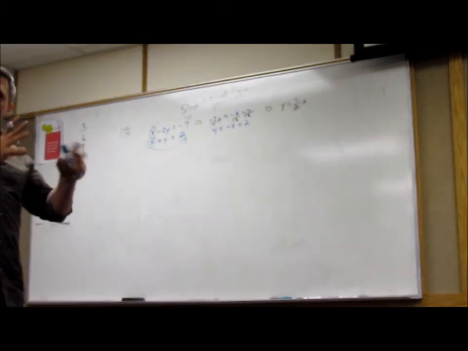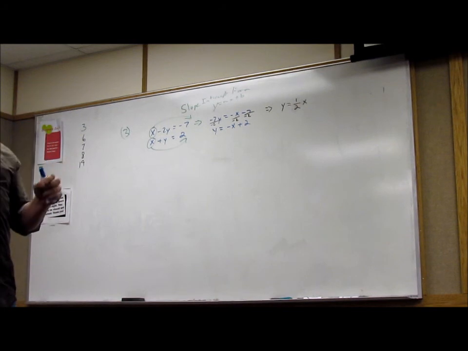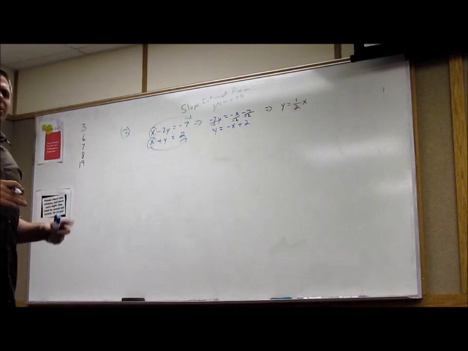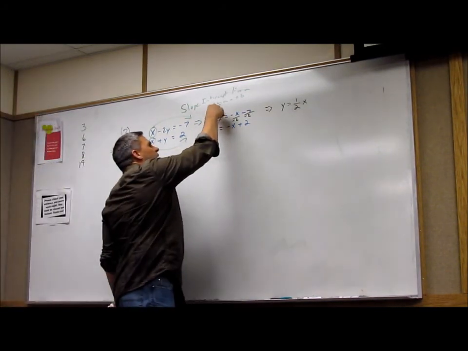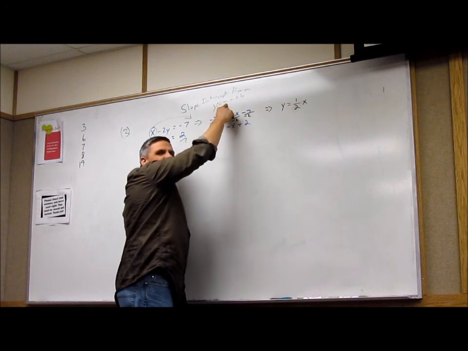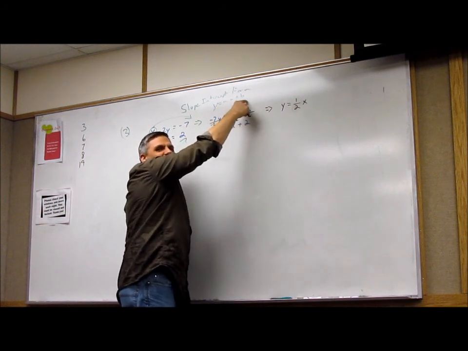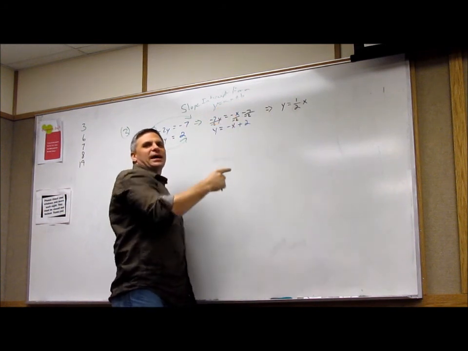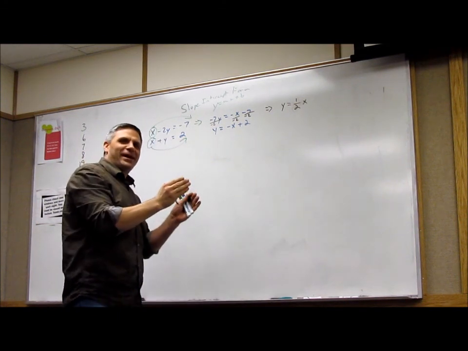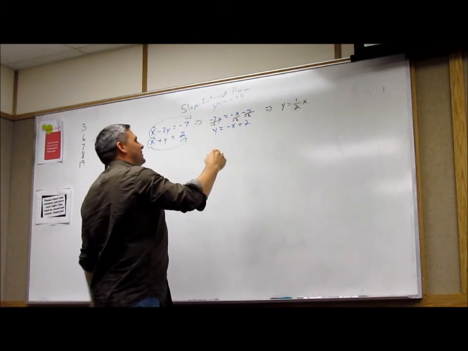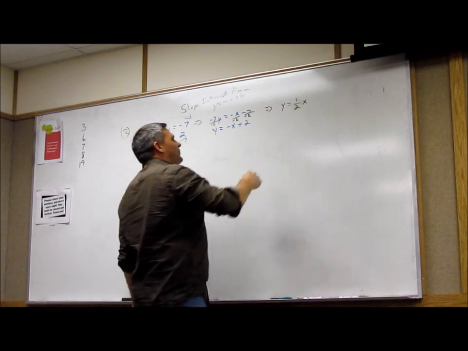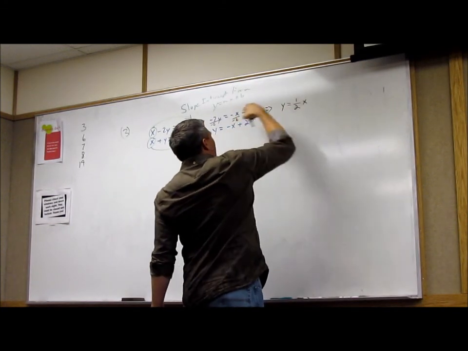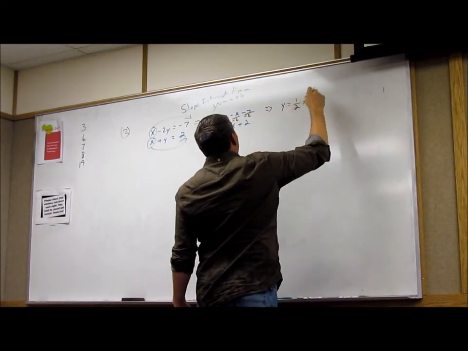I don't put the x above it. X is separate. Remember, it says y equals mx plus b. mx. So we separate it, right? Good. So then I've got a negative, and negative makes it positive, and that's why it's 1/2.